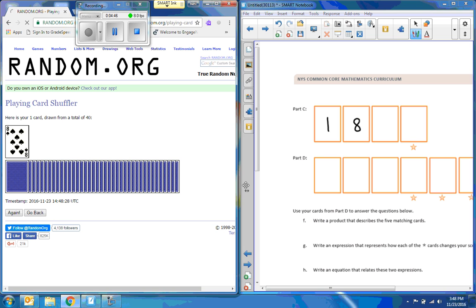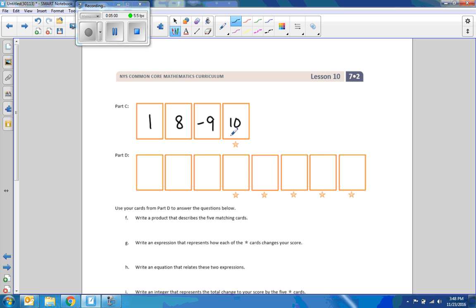Draw again. -9. Okay, red's negative, diamonds and hearts are negative, and then finally a +10. Okay. So now I'm going to put a 1 here, the 8 here, the -9 here, and I'm going to write a 10 every time I see a star, and that's the rest.